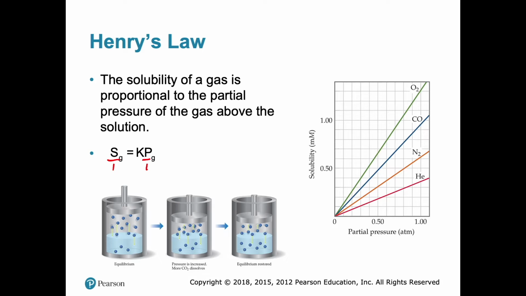But you can push it down and put a lot of pressure in there. When the pressure is increased, more CO2 dissolves. So now the rate of CO2 dissolving in water is higher than the rate of the CO2 coming out of the water. And that's how you make a soda. Or I guess a Coke, since I'm from Houston.